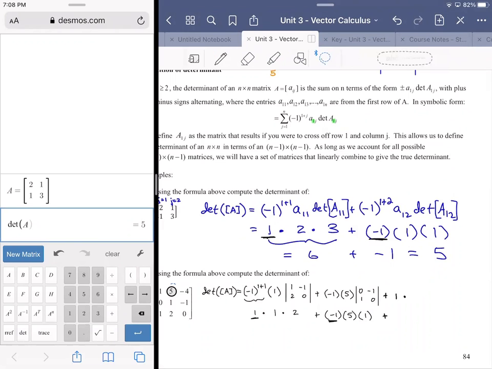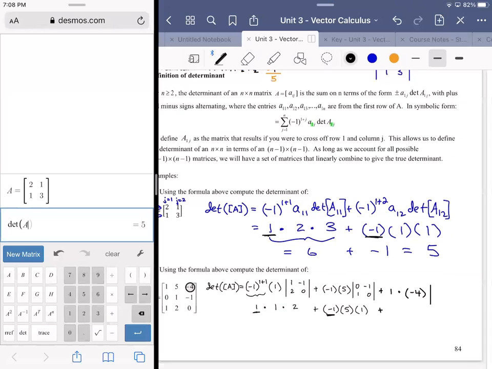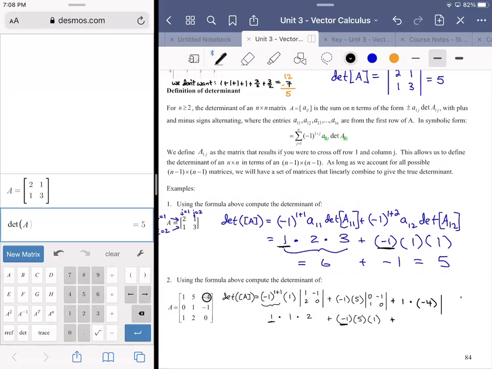Now we're tackling the entry -4. And the 2 by 2 square matrix containing the rows and columns that do not contain row 1, column 3. All right, so 0, 1, 1, 2 down the lines. All right, so we're looking at 1 times -4.